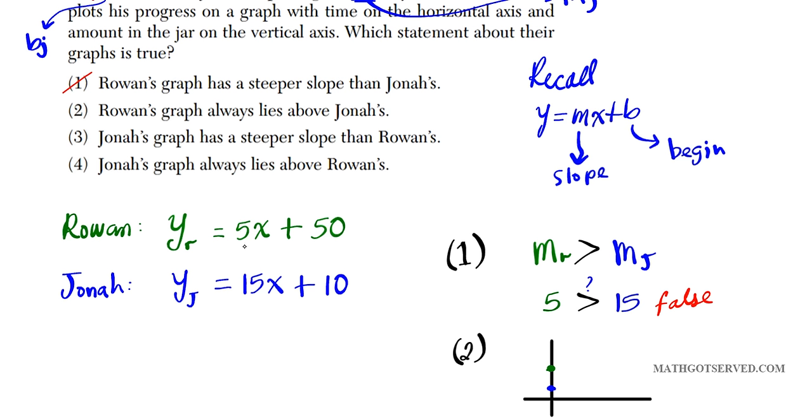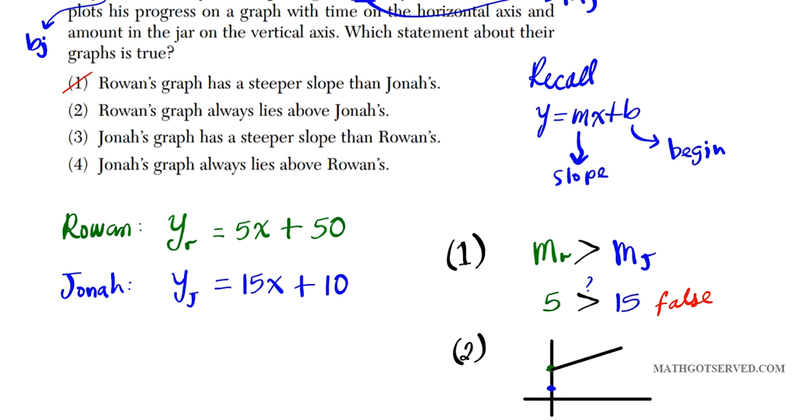So think about two cars racing, and one is moving much slower than the other. Even though the slower car has a greater head start, what is going to happen at some time in the future? The faster car is going to catch up, given enough time. Okay, so let's illustrate that with our graph. So Rowan's line is not as steep as that of Jonah.